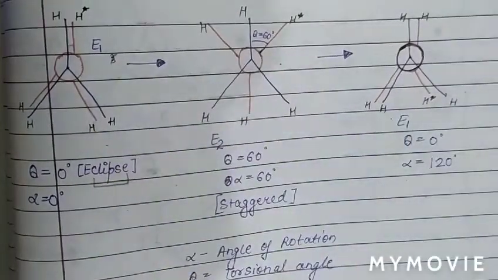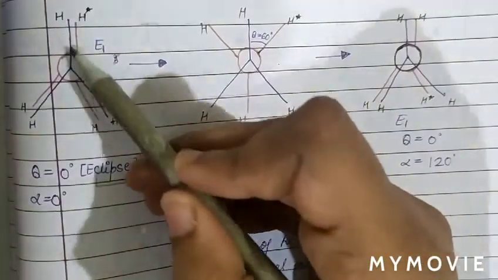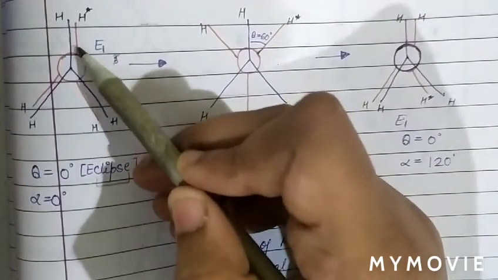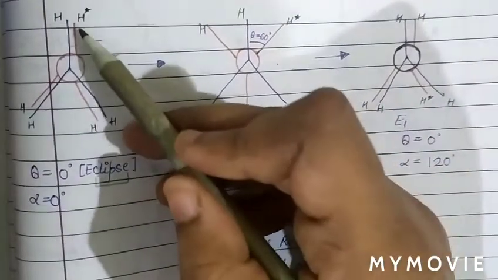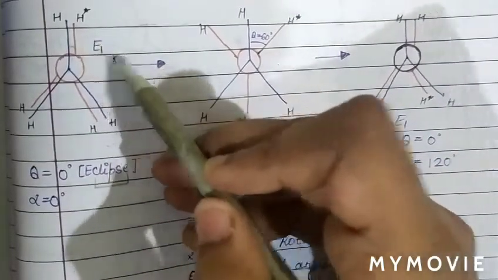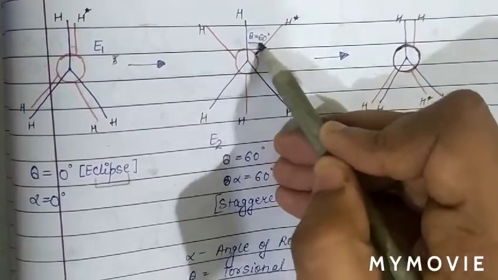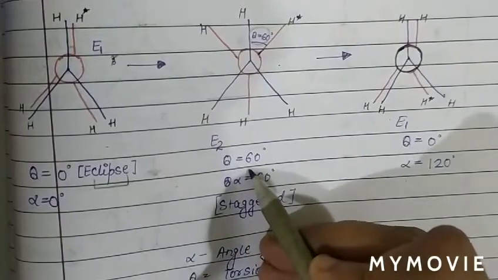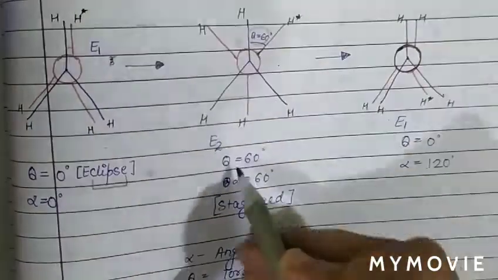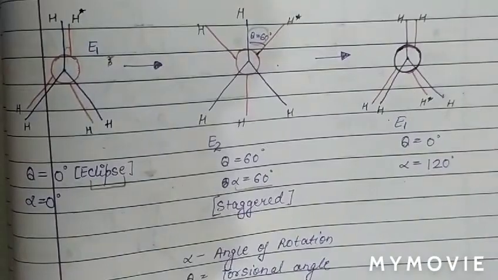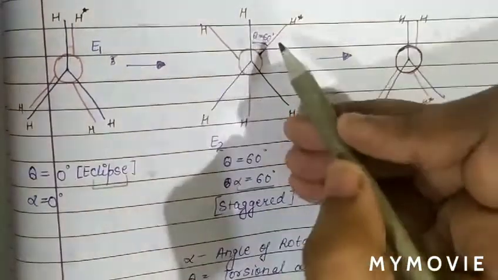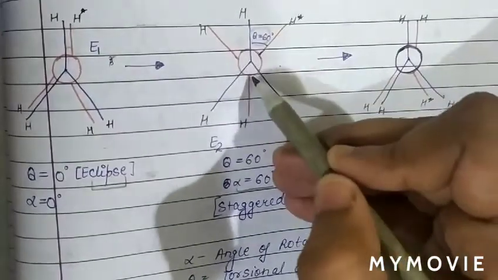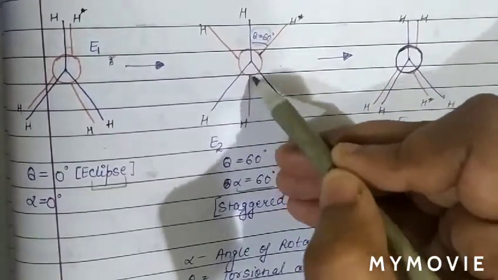Now keep the front carbon fixed, and rotate the rear carbon. When we rotate the rear carbon by an angle of 60 degrees, the theta becomes 60, the torsional angle becomes 60, and the angle of rotation is also 60. At 60 degrees we can see the front carbon hydrogen and rear carbon hydrogen are anti-position to each other.